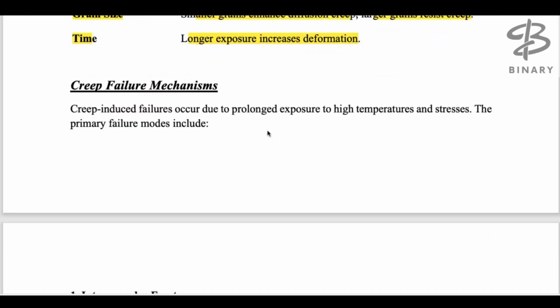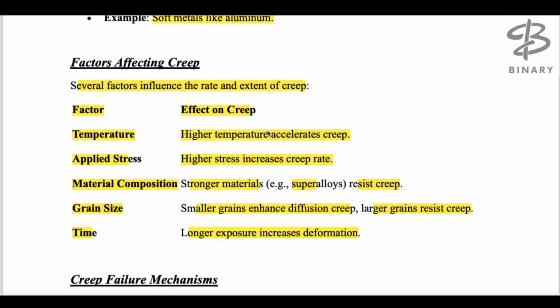The rest are factors you can easily think about. Temperature is obvious: high temperature accelerates the creep. If the applied load is high, the stress is high, and the creep rate is high. For time, with the same load and same temperature, if kept for a prolonged time, there will be more creep.